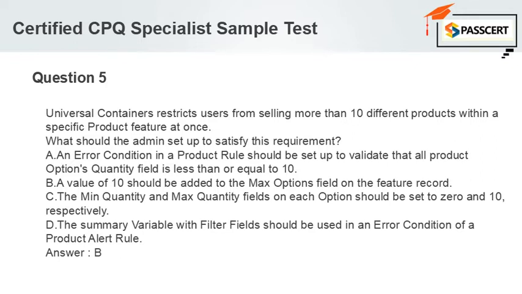B. A value of 10 should be added to the max options field on the feature record. C. The min quantity and max quantity fields on each option should be set to 0 and 10, respectively. D. The summary variable with filter fields should be used in an error condition of a product alert rule. Answer. B.